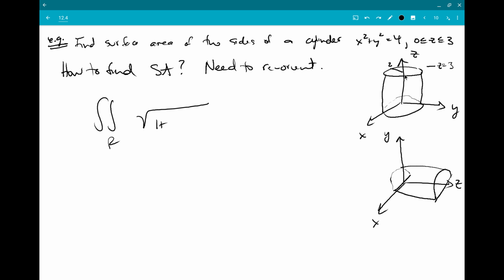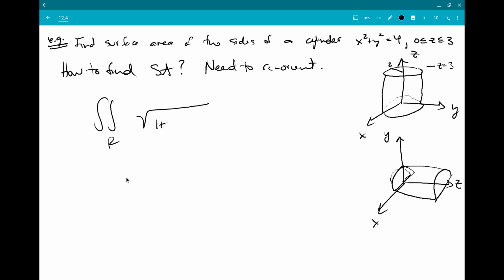I ignored negative y values, so I cut off right here. And I've just sketched for you the side of it, basically. Not very well, but here's a can on its side that I've cut in half.